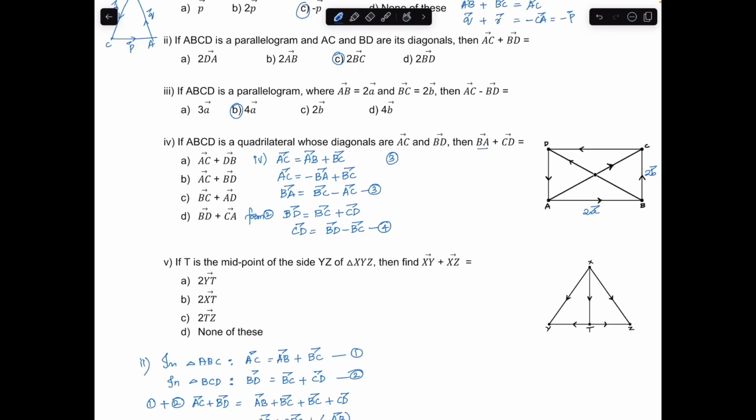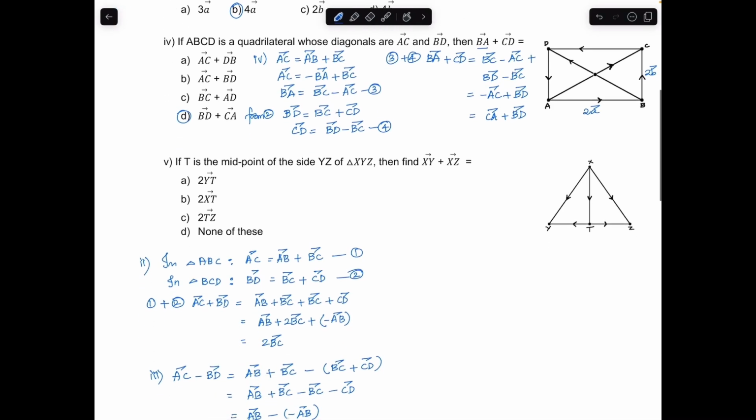Adding the equations 3 and 4, we get BA vector plus CD vector is equal to BC vector minus AC vector plus BD vector minus BC vector. So in this, BC vector minus BC vector goes away. The remaining is minus AC vector plus BD vector, which can be written as CA vector plus BD vector. So the option is D.